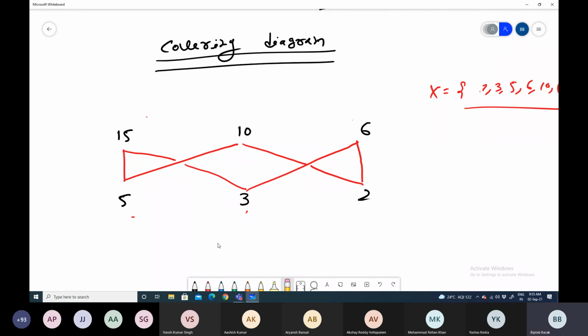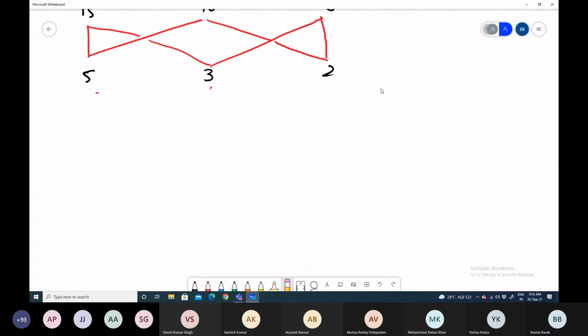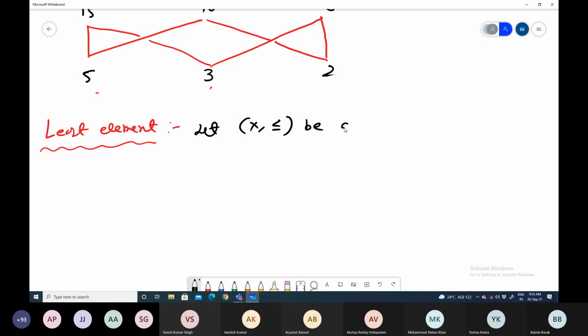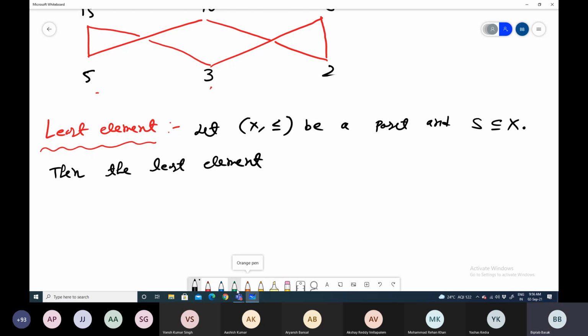So we now define the least element. Let this be a poset and say S is a subset of X. We can take just one subset of X. Then the least element. Why are we saying the least element?